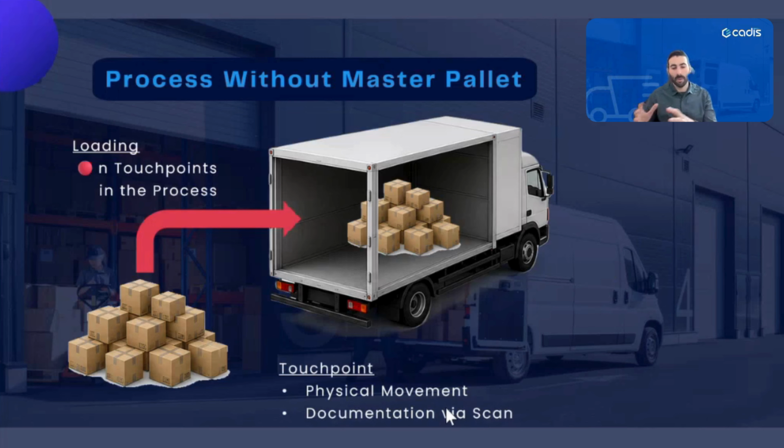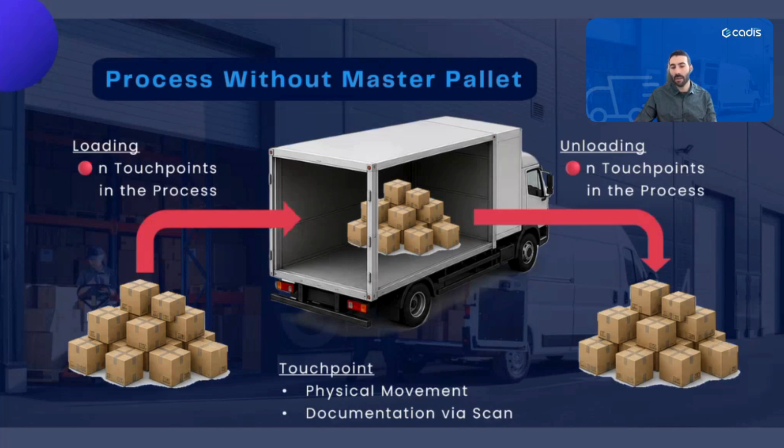You are loading them, putting them in the truck. So you have n packages, n touch points that you will scan, you will put them in a truck. And it's the exact same at unloading. N touch points in the unloading of these packages on your dock. Okay, this is a very classic operation process you must know.